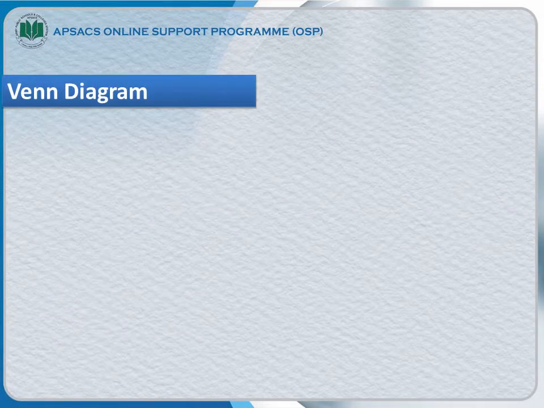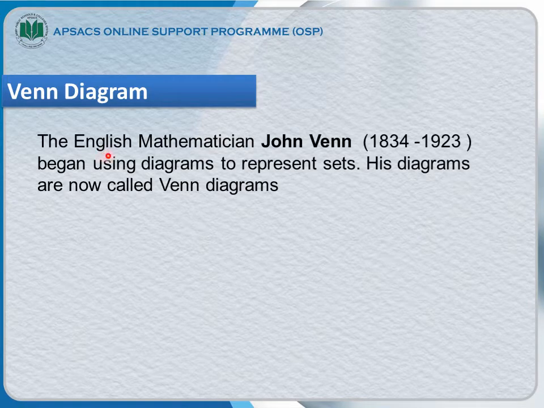Let's discuss Venn diagrams. Diagrams make mathematics easier because they help us to see the whole situation at a glance. English mathematician John Venn began using diagrams to represent sets. His diagrams are now called Venn diagrams. In Venn diagrams, we have a large rectangular box.